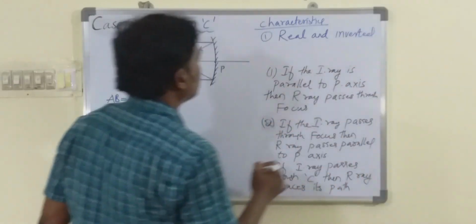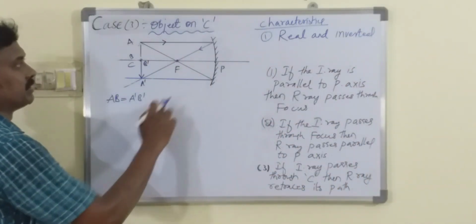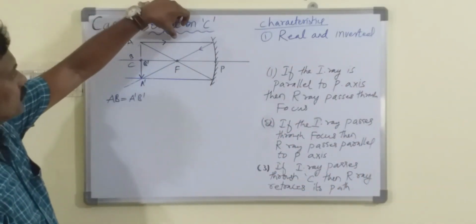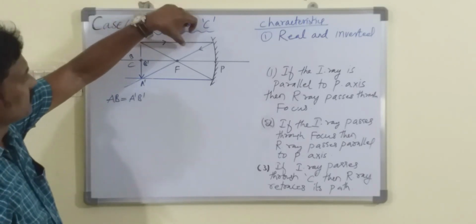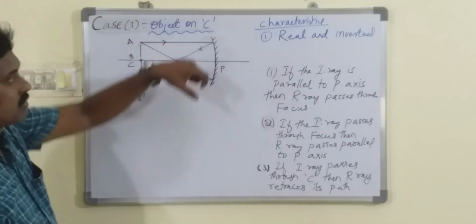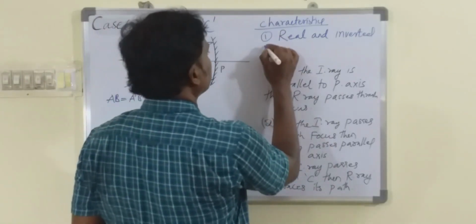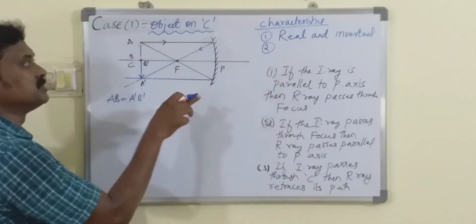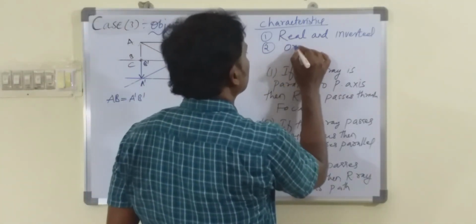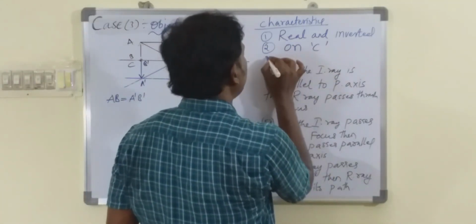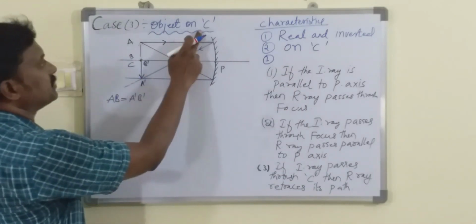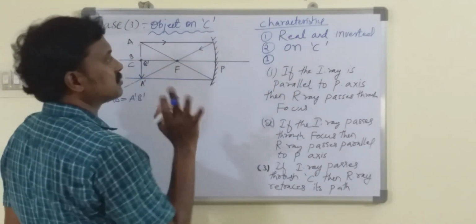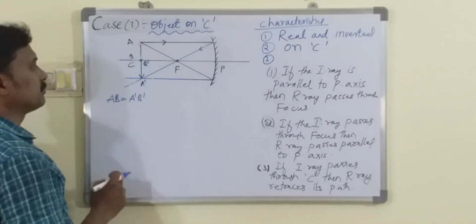Why is it real? Because the incident rays I have shown with a black color, and the reflected I have shown with the blue color. Real and inverted. The second one is the position. Where is the position? The position is on C. This is a special case, as I was saying. Because object is on C, the image is also on C. And what about the size?